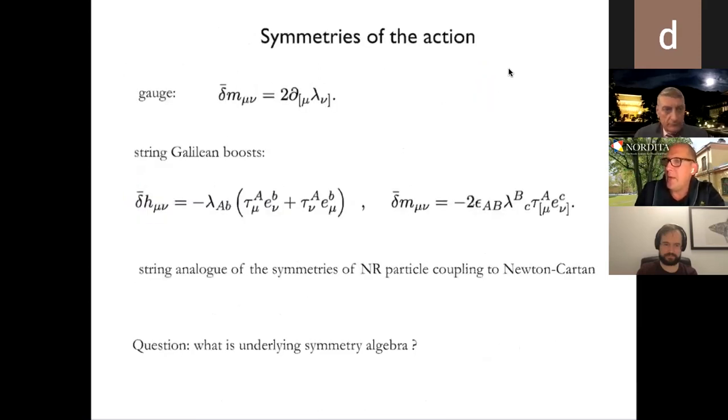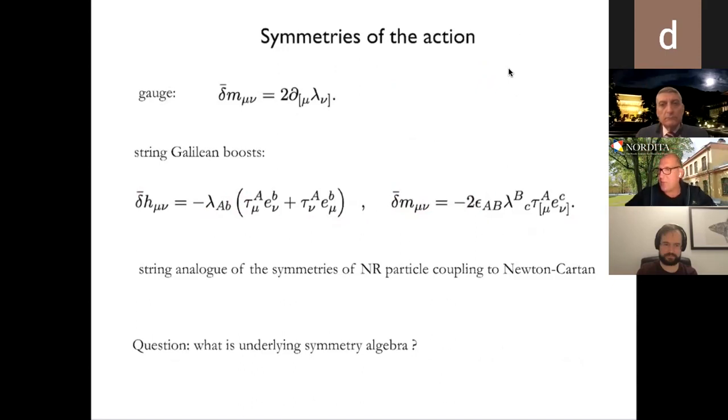In particular, under the string Galilean boost, the spatial metric transforms non-trivially. This is the parameter of the string Galilean boost, and the two-form transforms also in a certain way, such that the action is invariant. This is really the string analog of the symmetries that one knows for the non-relativistic point particle.